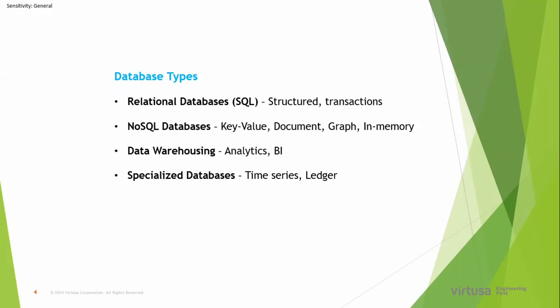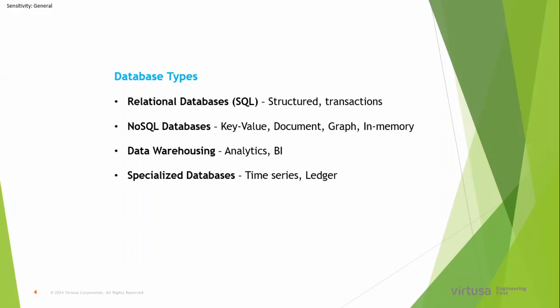Data warehousing means we keep all our historical data. When it comes to space or storage capacity, those are huge capacities, but used for a different purpose. So data warehousing is another type of database, and we have different databases available for that.